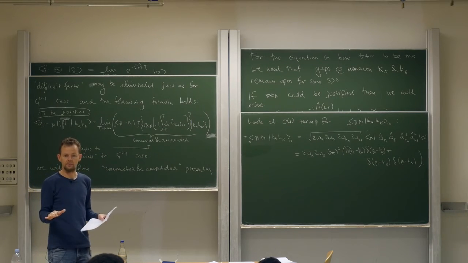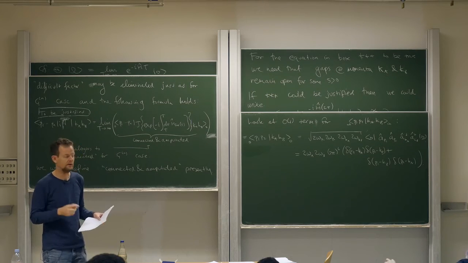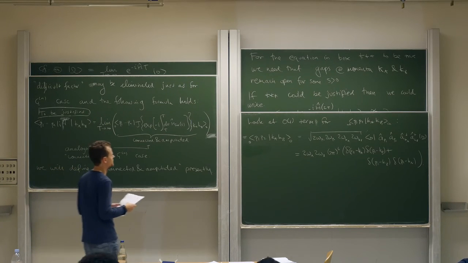So if you think of the Green's function case, the order 1 term was easy, it was just the number 1. Well, now it's almost as easy, it's a bunch of delta functions.